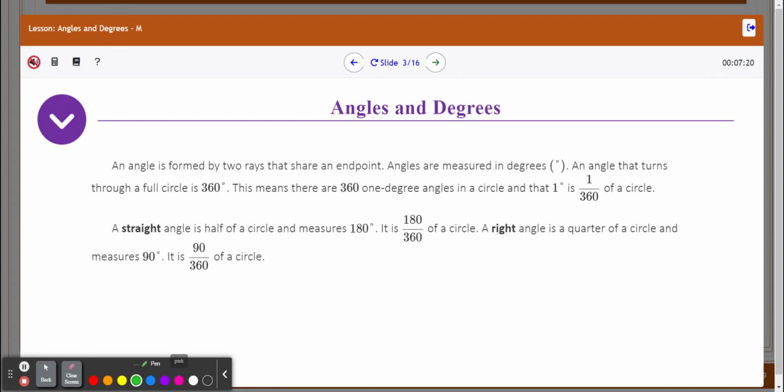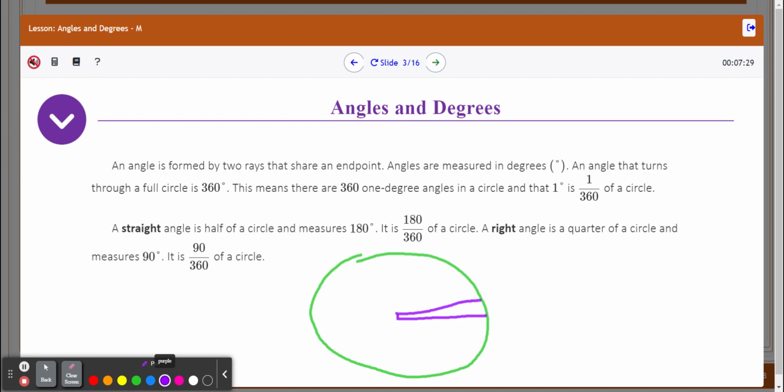So let's say I have my whole circle, and I just want to measure this really small part right here. Well, if the whole circle is 360 degrees, then one little part of it would be 1 degree.